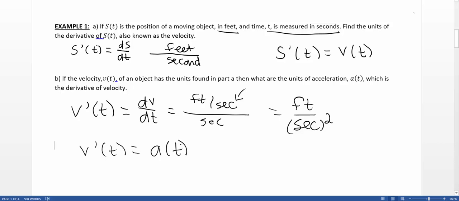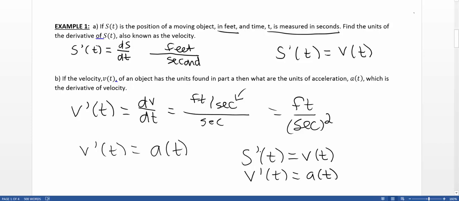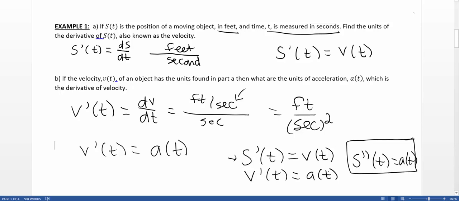Now, just to give us a glimpse into the future, I want you to notice that when we took the derivative of position, we got velocity, and the derivative of velocity was acceleration, which means that the second derivative of position is acceleration. So if we were to take the derivative 2 times on position, we would end up at acceleration.